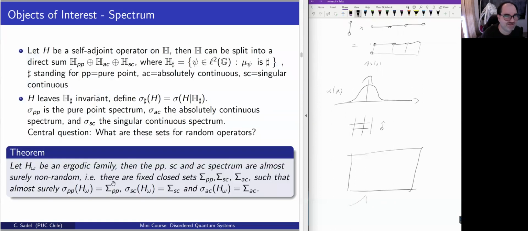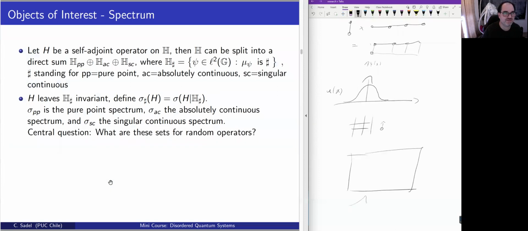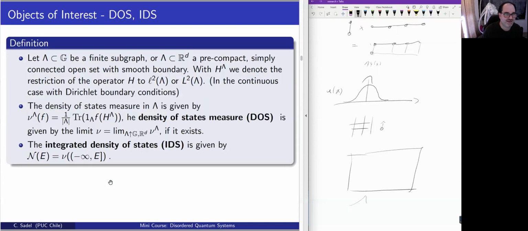A box Lambda. And you look at the restriction H_Lambda to this box, and in the continuous case we assume some kind of Dirichlet boundary conditions here. And then you look at the density of states measure in Lambda for each of your operators.